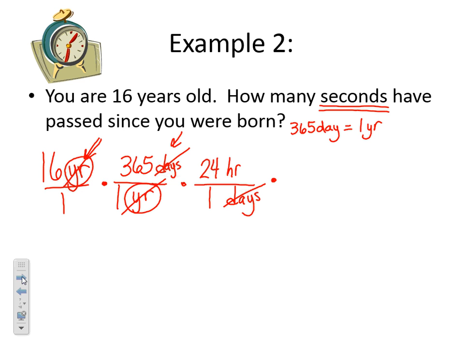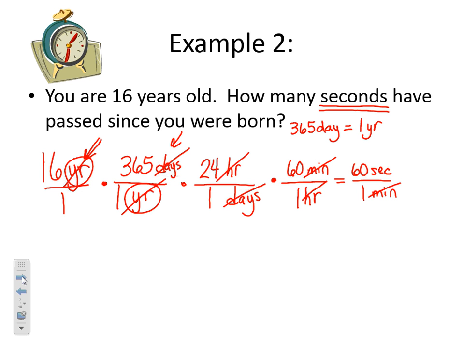Well, I know that 1 hour, and again, I'm putting that in the denominator so that it'll simplify away with the hours that are in the numerator, 1 hour is equivalent to 60 minutes. Now I have minutes. Well, I'm almost to seconds. I know that 1 minute is equivalent to 60 seconds.